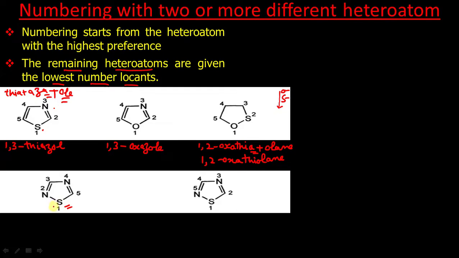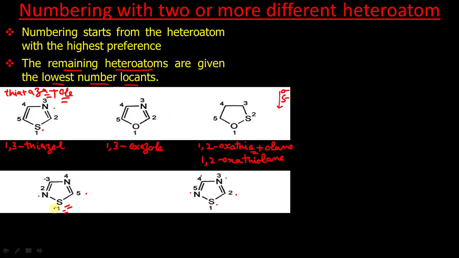So now what can we do? We can start numbering like this: 1, 2, 3, 4, 5. We can also start from the other side: 1, 2, 3, 4, 5. Now this rule says the remaining heteroatoms, meaning the heteroatoms except the heteroatom having highest preference, because we have already given it position 1, are given the lowest number locants.